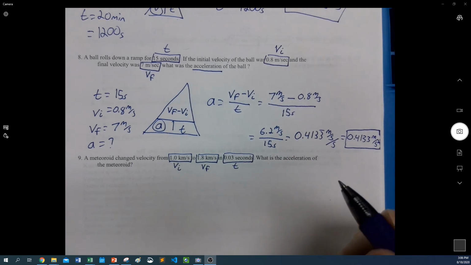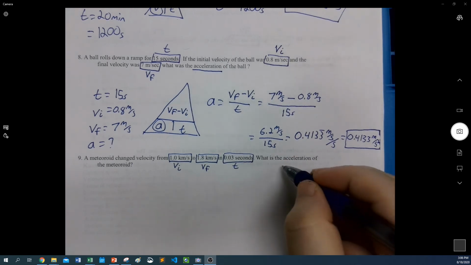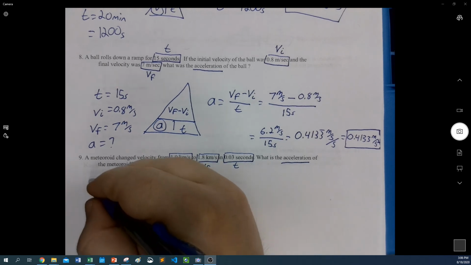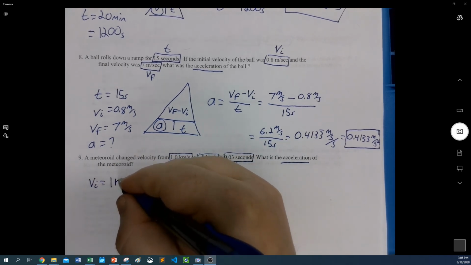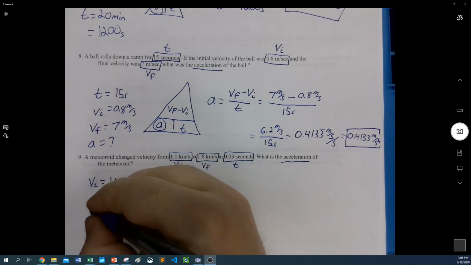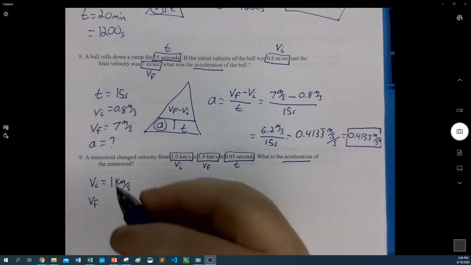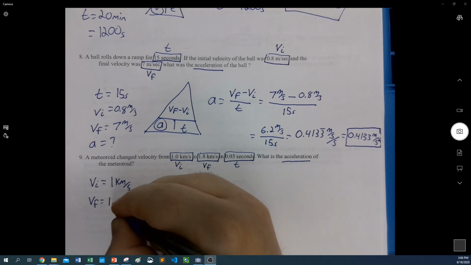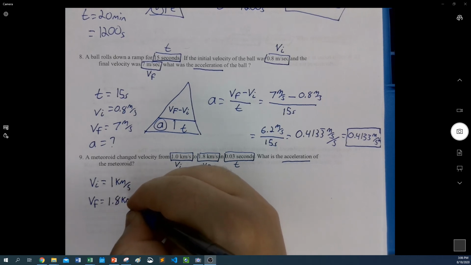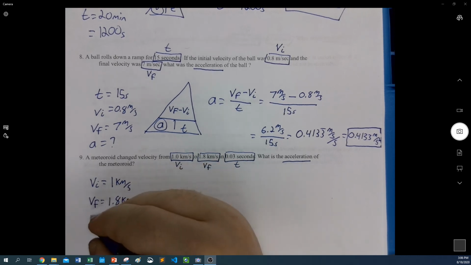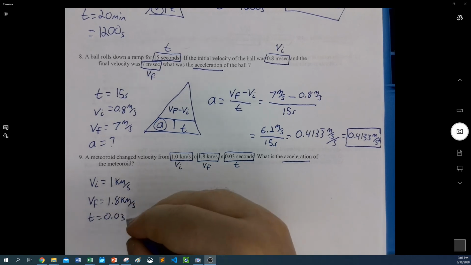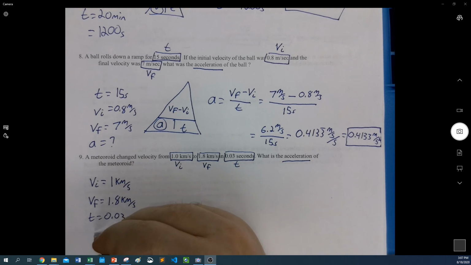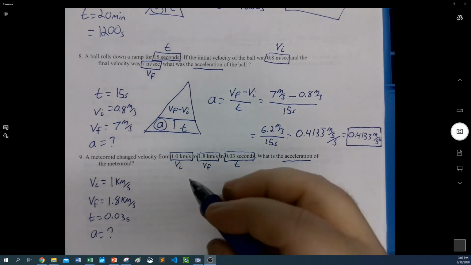What is the acceleration of the meteoroid? We're looking for acceleration. Vi is equal to 1 kilometer per second. Our final velocity is 1.8 kilometers per second. Our time is 0.03 seconds. And we're looking for acceleration.